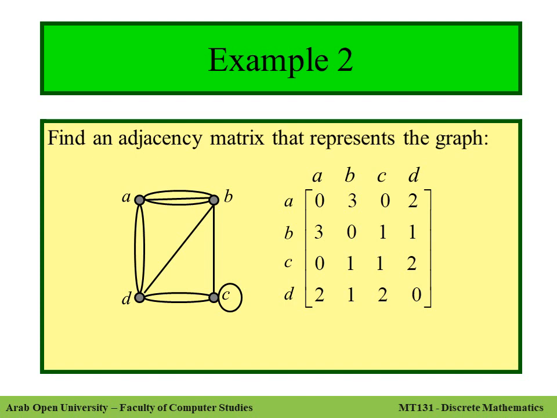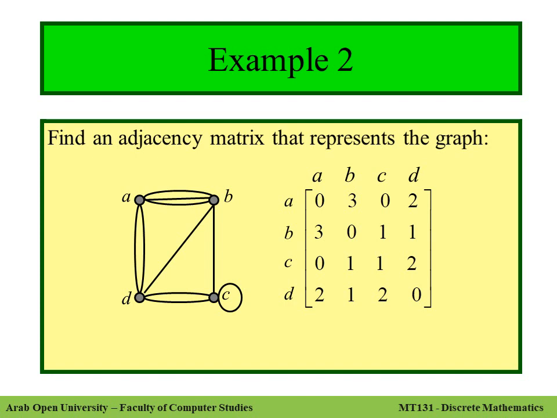You end up with a 0 and 1 matrix. But an adjacency matrix for a multigraph, the entries may be more than 1, they could be different than 1 or 0s. For a multigraph, the entries in the matrix are the number of edges connecting the two vertices.